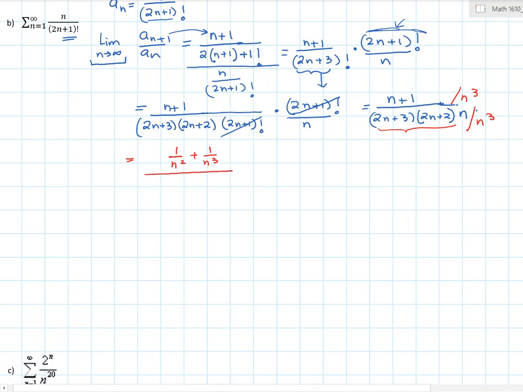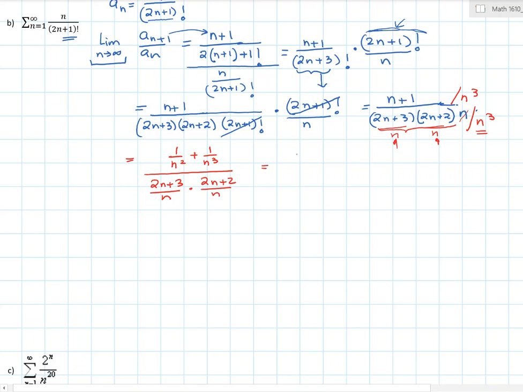In the denominator, you have n cubed, so you have three n's here. So one n will cancel with this n. So now you have n squared. So what we're going to do is give one n to this term and one n to this term. Okay, so what I just said is the following. You would have (2n+3) over n times (2n+2) over n.